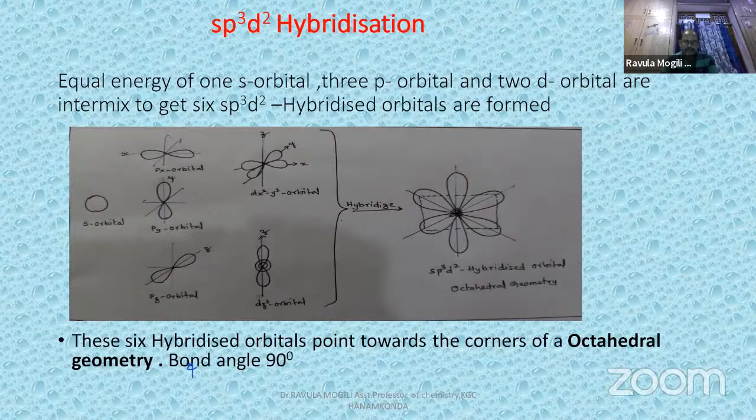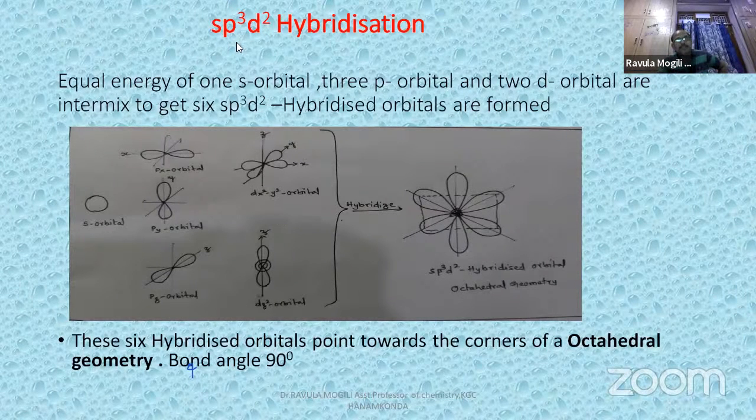Of these five d orbitals, the eg orbitals are involved in hybridization. dxy, dyz, dxz may be involved in pi bonding, but not in sigma bonding. So only the dx square minus y square orbital or dz square orbital is involved in hybridization.